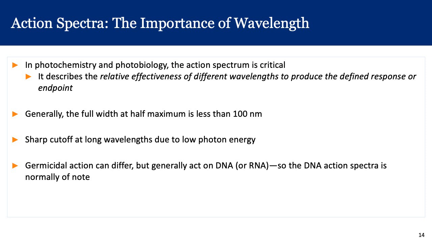There's normally a pretty strong cutoff at longer wavelengths because once you get to insufficient photon energy, there's no longer a biological effect. So the germicidal actions can differ, but generally act on DNA or RNA, so the DNA spectra is normally of note.